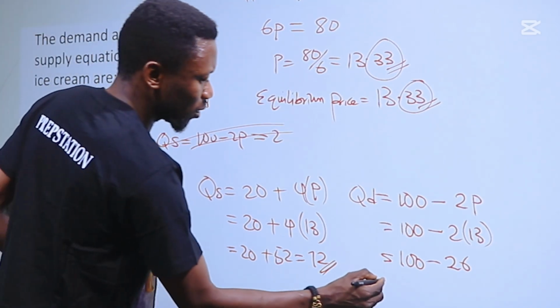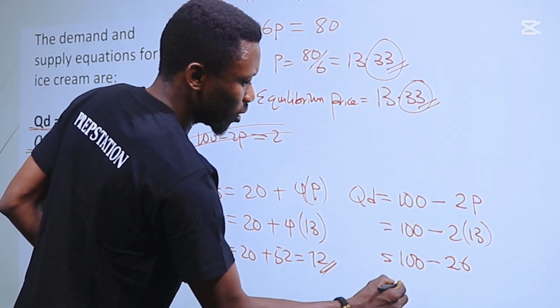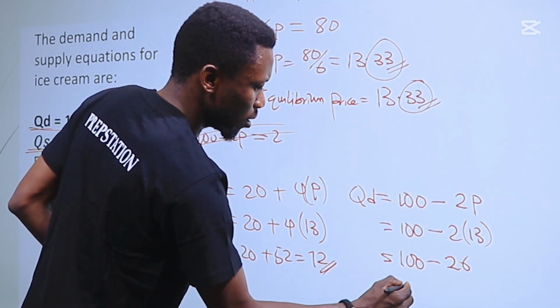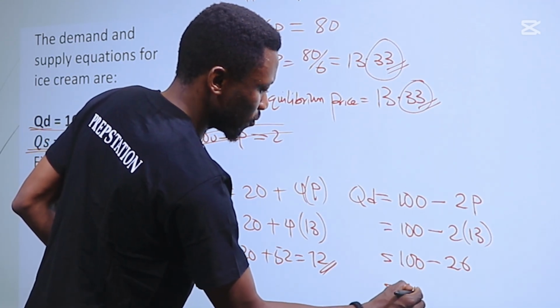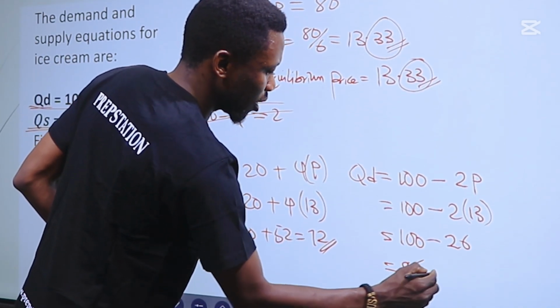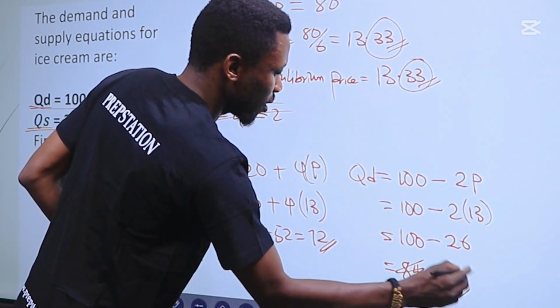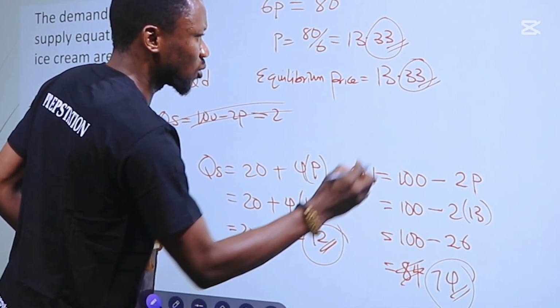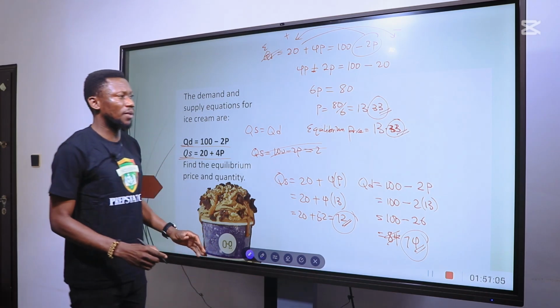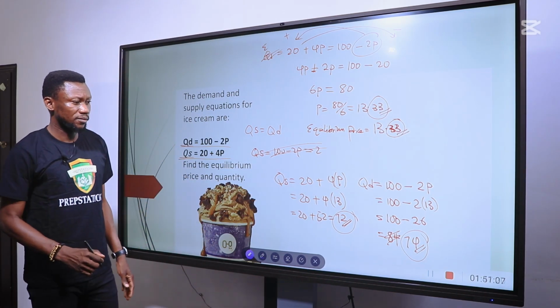And 100 minus 26 would be, 84. Yeah, no, that would be 74 rather. That would be 74. Now, this is not an identity because we missed out some decimals here. But if you're working with the whole number, then it'll be much easier.